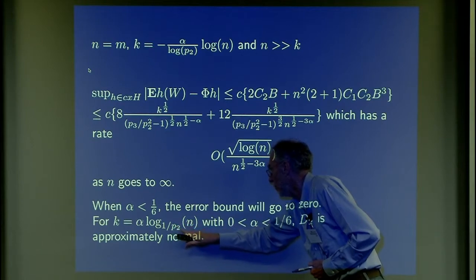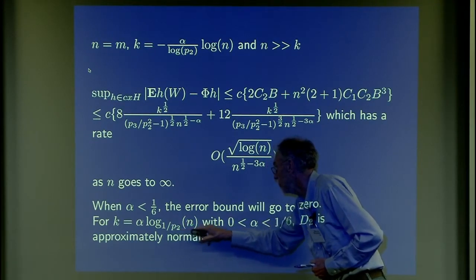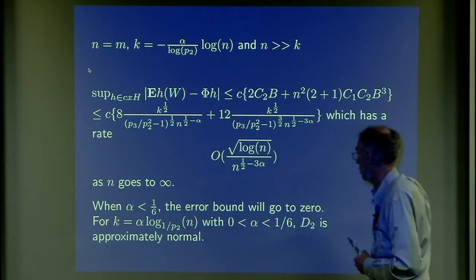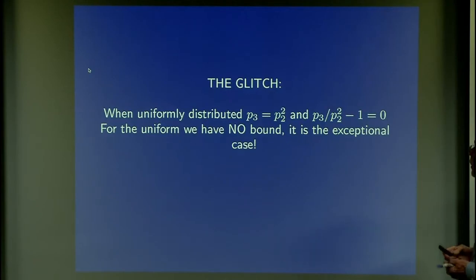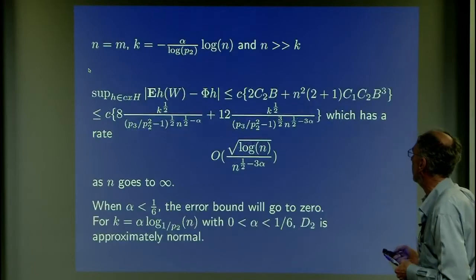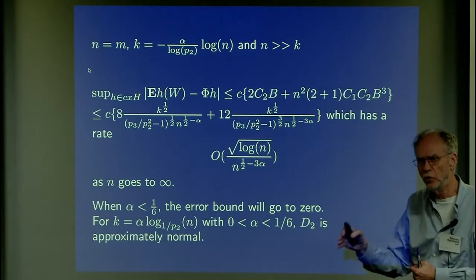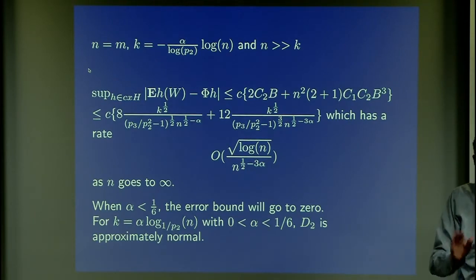It's log base 1 over p times t of n, alpha between 0 and 6. So that's great. However, when I was working with Ross on this, he came back and said, it's wrong. And there's something different about the uniform distribution than the non-uniform distribution. And I stupidly said, Ross, go check your code.